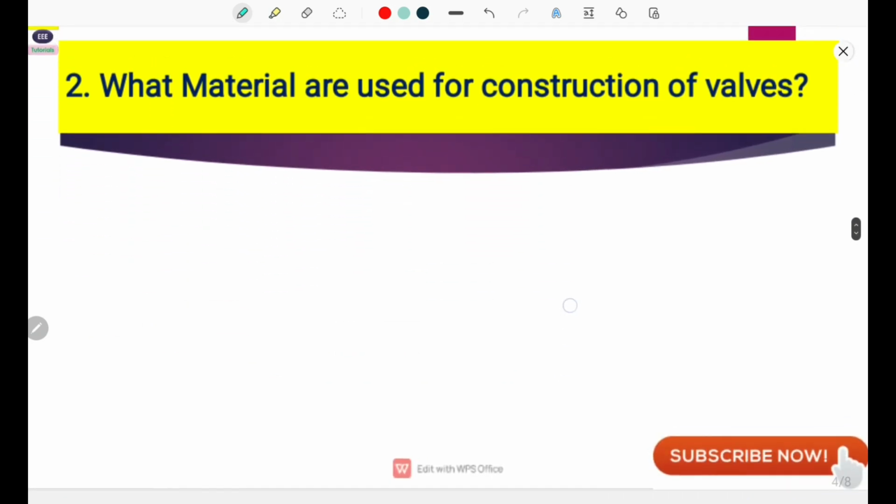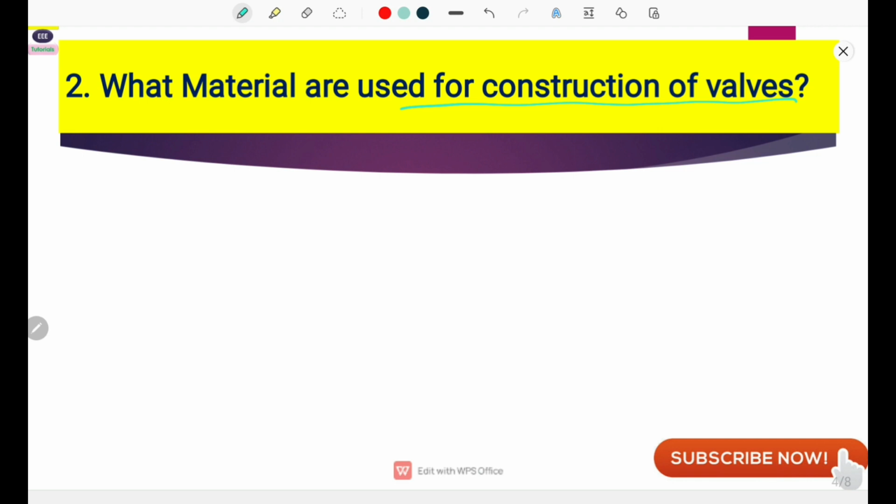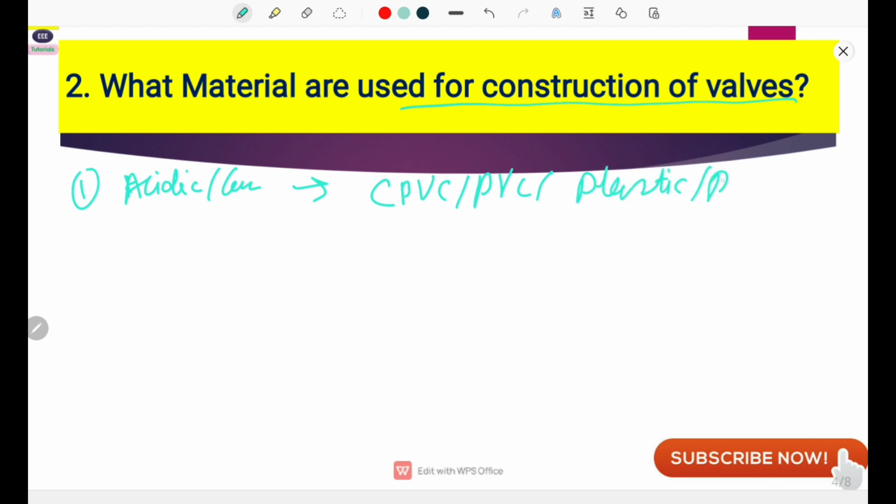Now the second point is, what material are used for construction of the valves. So it depends totally on where you are using the valves. Whenever your valve is installed in any acidic or caustic medium, then CPVC, PVC or plastic material valves, or PTFE, Teflon valve will be suitable and they can work effectively.